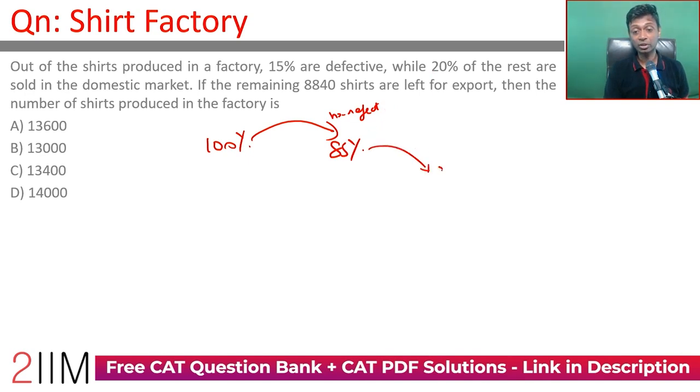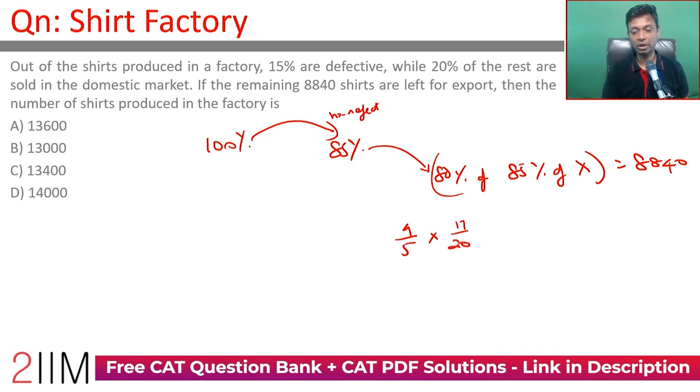So 80% of 85% is what is sold in the export market. 80% of 85% of X equals 8840. 80% is 4 by 5, 85% is 17 by 20 equals 8840. We need to find X.